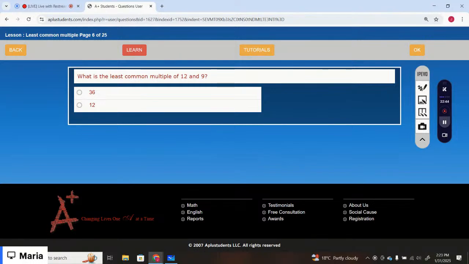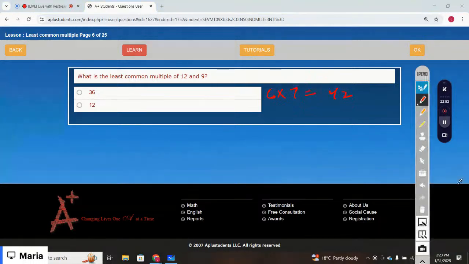What is the least common multiple of 12 and 9? So the prime factors of 12 are 2 times 2 times 3, and the prime factors of 9 are 3 times 3.